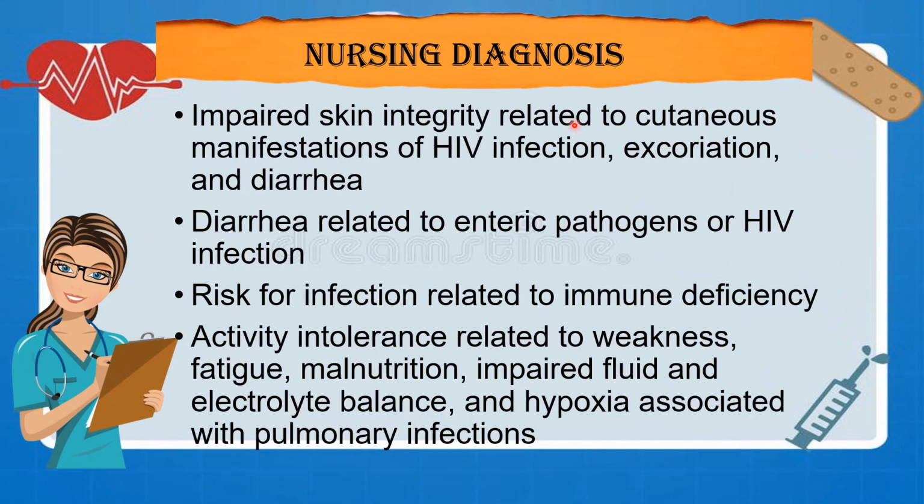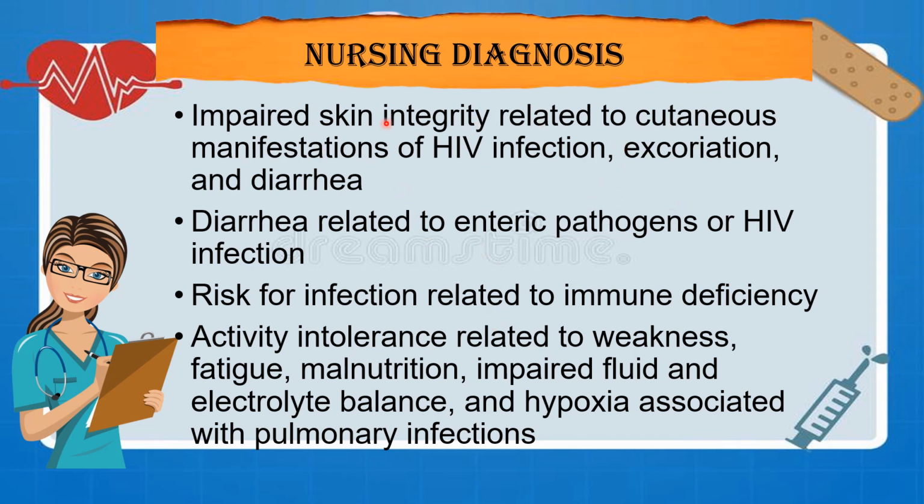The following is a list of potential nursing diagnoses. Diagnosis for HIV is very comprehensive and complex because of the nature of the disease. However, based on the assessment data, major nursing diagnoses may include the following.